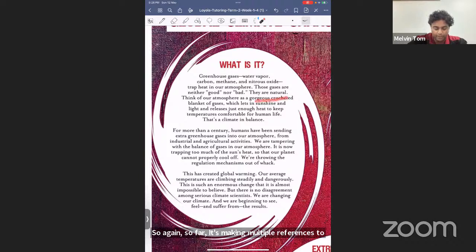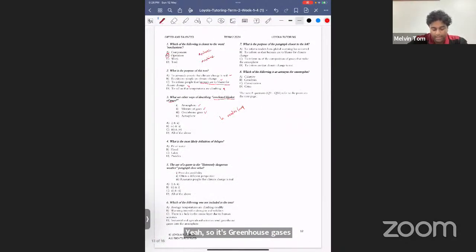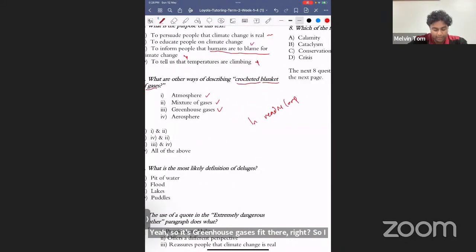So this could include the greenhouse gases here, which let sunshine and light in and release just enough heat to keep the temperatures comfortable for human life. That is a climate imbalance. For more than a century, humans have been sending extra greenhouse gases. So greenhouse gases fit there, right? I can't bring extra knowledge in, so that makes sense as well.